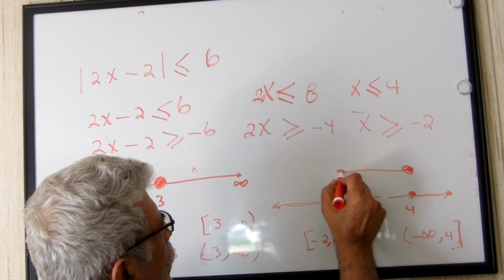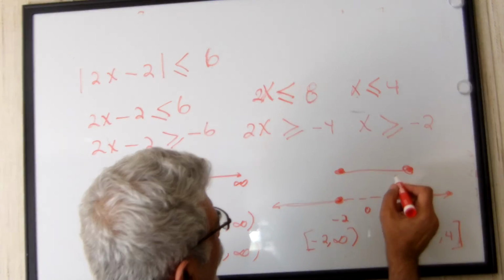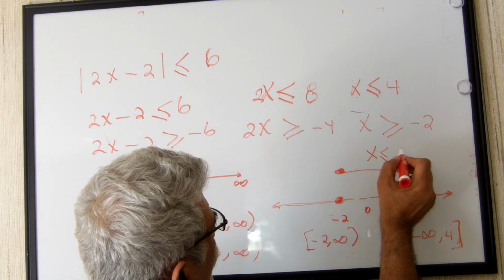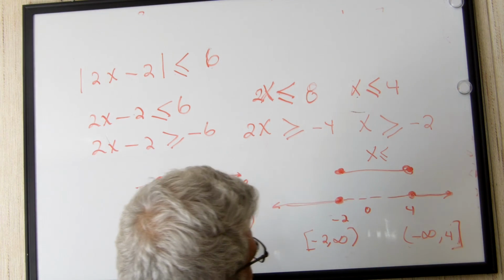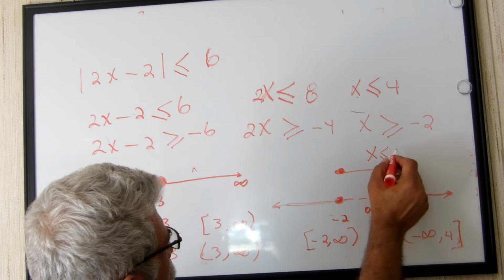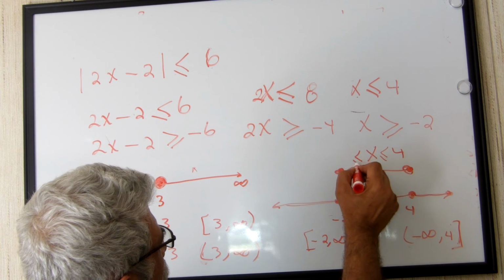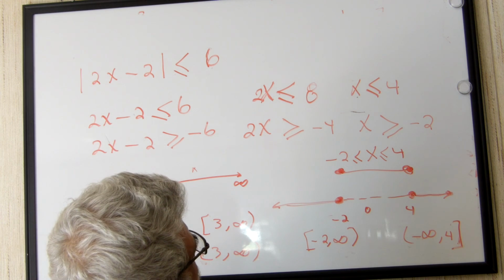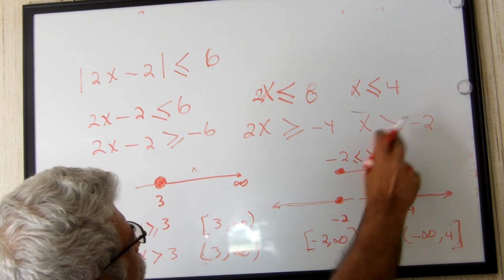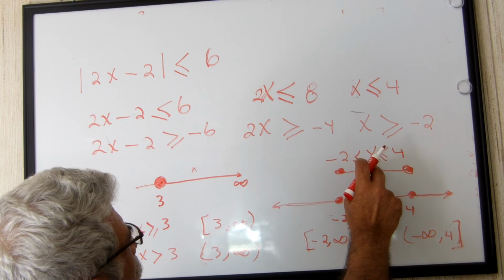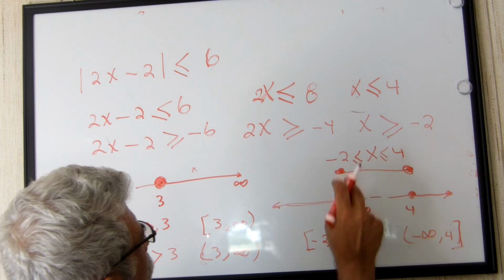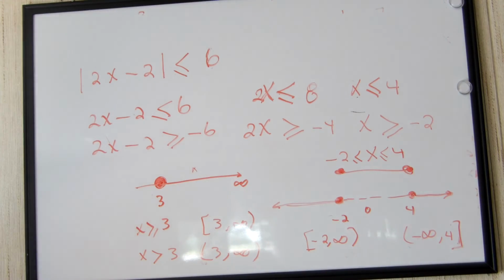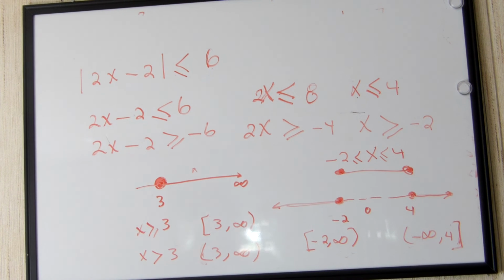Sometimes they give you this: you can write x less than 4 and larger than minus 2, or we have to read it this way, x larger than minus 2 and less than 4.